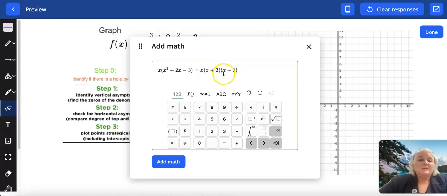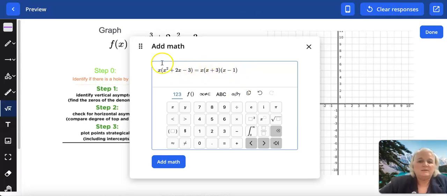Okay, so now I'm going to check this. So I have foiling. The first is x times x, which is x squared, and then the inner is 3 times x, which is 3x, and the outer is a minus x. 3x minus x is positive 2x, and a positive 3 times a negative 1, the last one, is a negative 3.